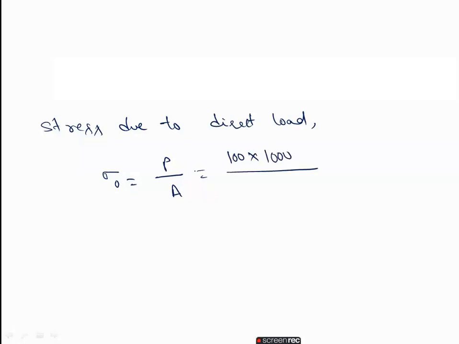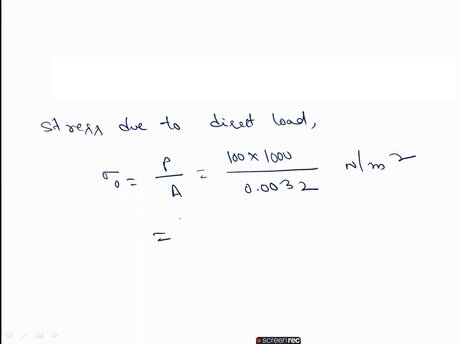Converting kilonewtons into newtons. Then the area we also calculated already. B we know is 0.04, D is 0.08. Then we calculated the area as 0.04 into 0.08, we got 0.0032 meter square.